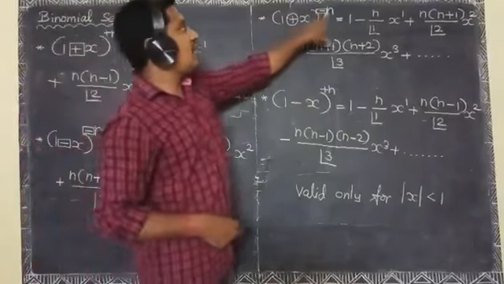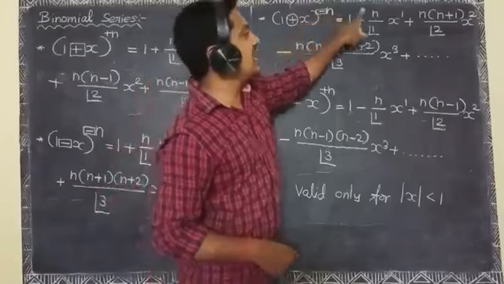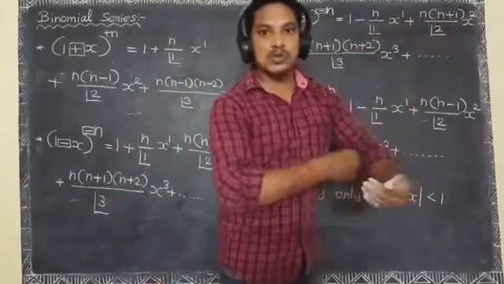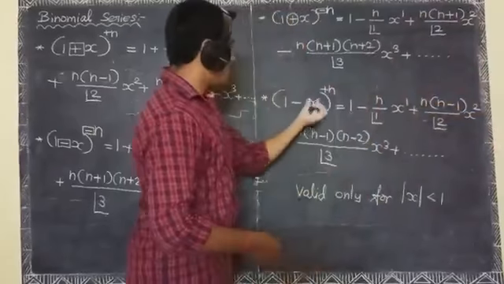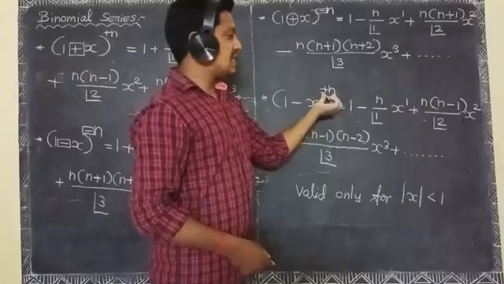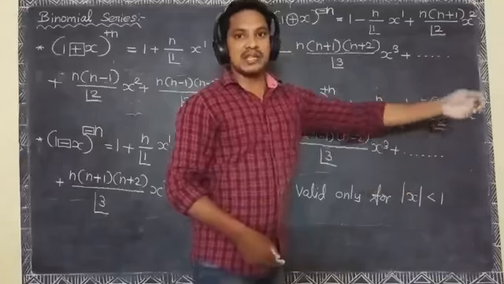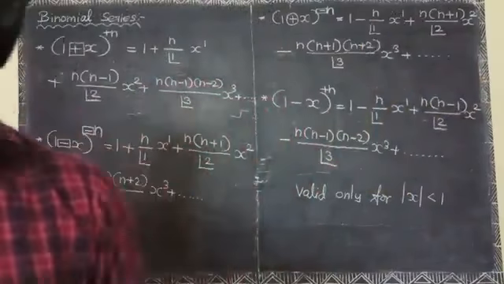The power n having a positive sign means the factors are minus 1, n minus 2, n minus 3, and so on.